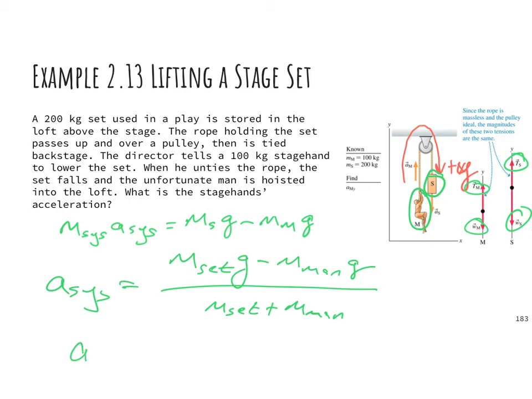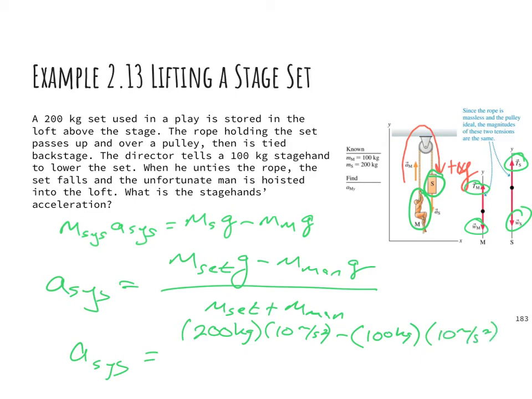So I'll talk more about that in class, and there is a test question on that gets a little confusing, but I'm pretty sure I'll probably put it on the day before the test, and we'll talk about it. So the mass of the set is 200 kilograms times gravity, which is 10 meters per second squared, minus the mass of the man, which is 100 kilograms, again, times gravity, which is 10 meters per second squared, and then that whole thing over the two of them combined, which is 300 kilograms.